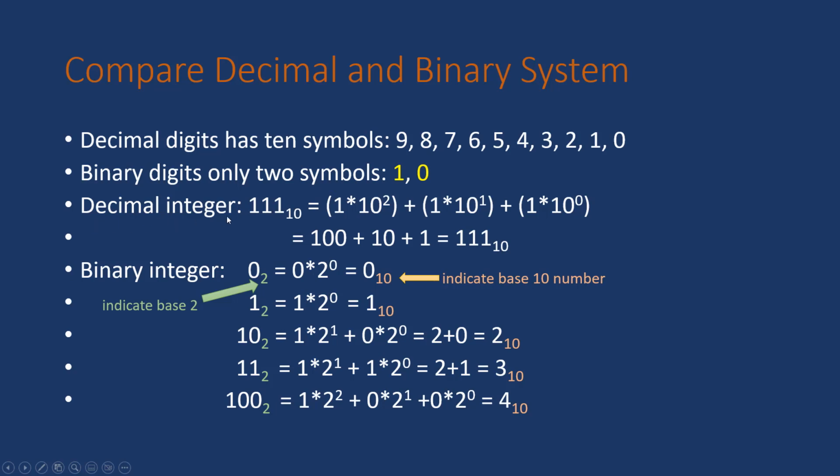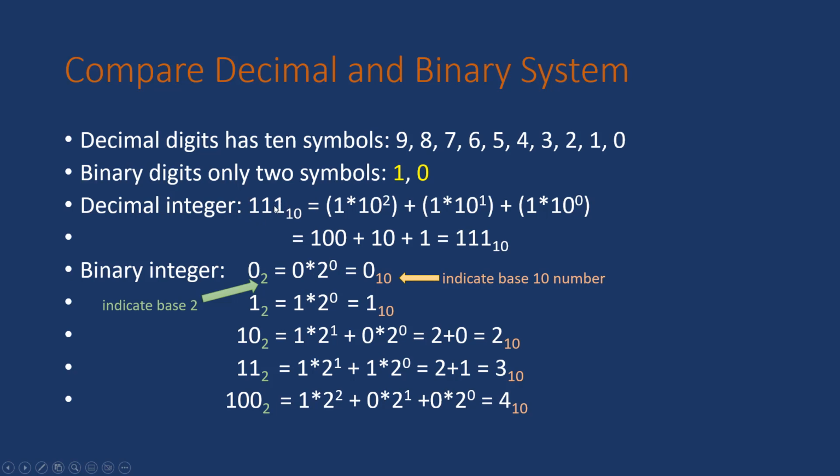This is an example of a decimal integer. For example, we have the decimal integer 111. This notation means this number is a decimal number. How do we interpret this 111?